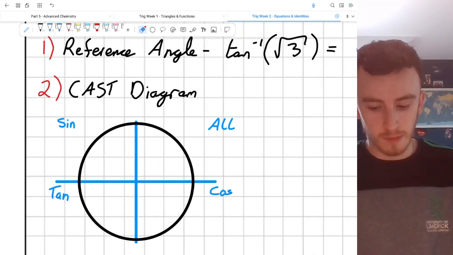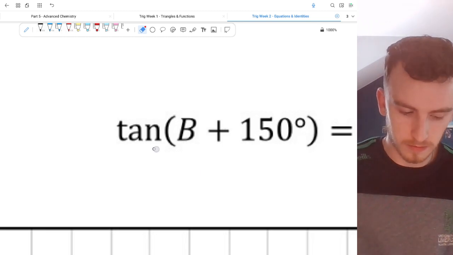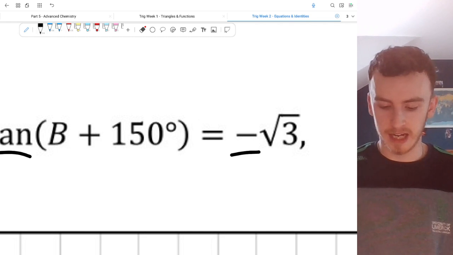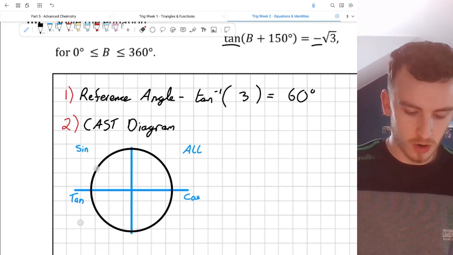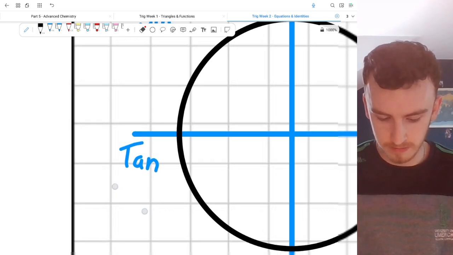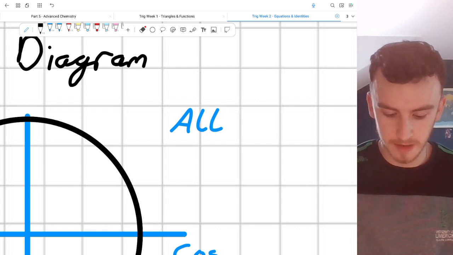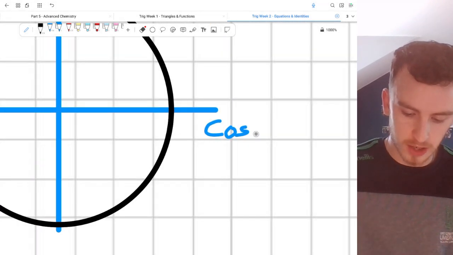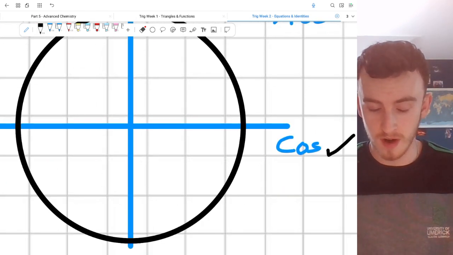So this time we're dealing with a tan function where the angle is negative. So now we look at the negative sign. So where is tan negative? So we know tan is positive in the tan quadrant and it's positive in the all quadrant, right? So that means it's negative in the cosine quadrant and the sine quadrant, because only sine and cosine are positive in those two, so everything else is negative.